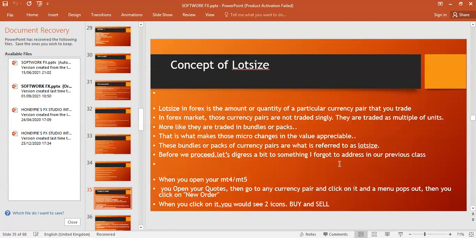So using lot size in the market, you have to consider your capital per time, because somebody is using a standard lot size doesn't mean you should use a standard lot size without considering your own capital. Because we make use of lot size based on our capital.